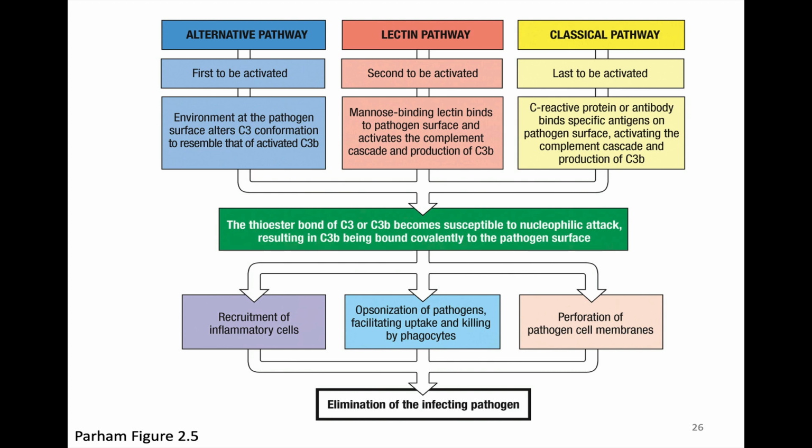There are 3 ways you can initiate complement, 3 ways you can turn that complement on. I'm going to tell you the names and the details of the arrows as we go forward. But right now, there's 3 ways. And notice from the way that I've drawn this, they all seem to come together. So you can start in 3 different places, but no matter what, you get to the same part in the middle.